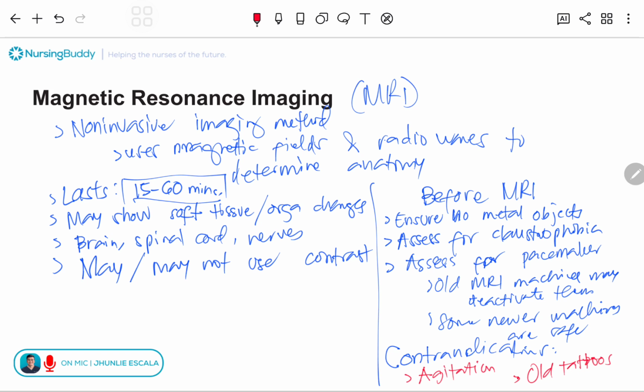Sir, bakit naman pati yung may mga old tattoos? Why? Because they contain a substance we call your lead. Okay, lead. So they contain lead, so we must be taking a very, very careful consideration with this one. Okay, so that's it for your MRI.